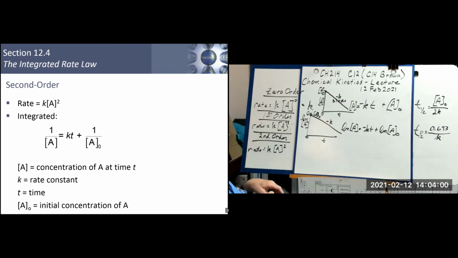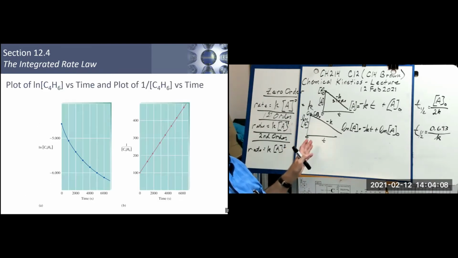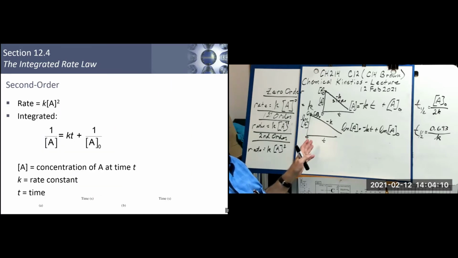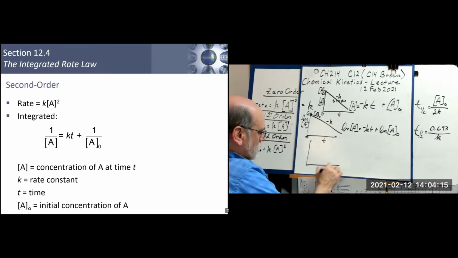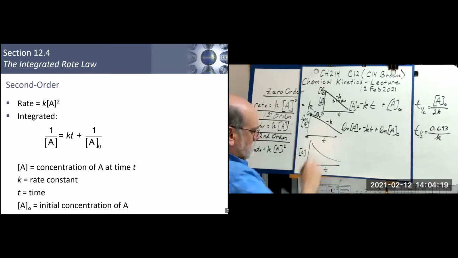So what do we get when we plot time against the raw data for a second order reaction? You always get a curve. If it's second order, you're going to get a curve, like that. So how do we fix that one?